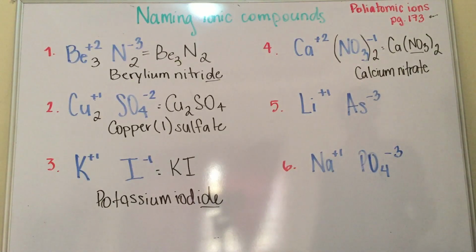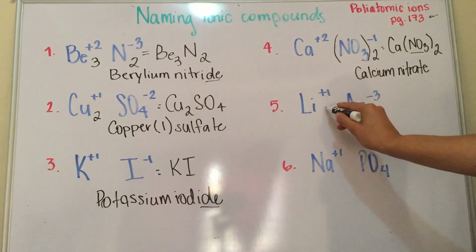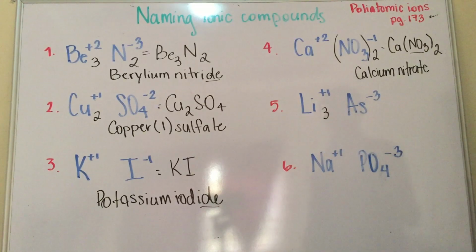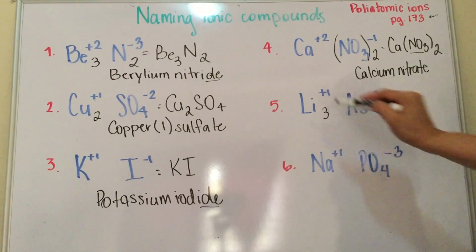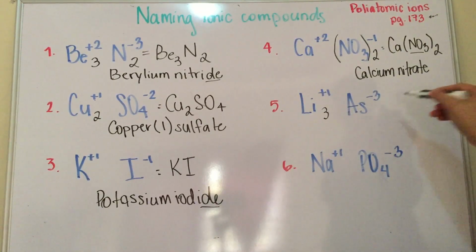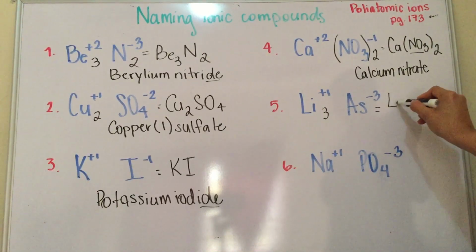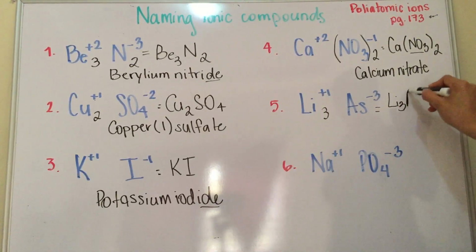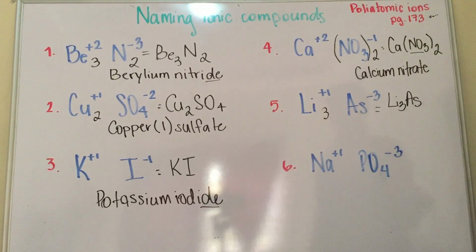All right, example number 5. We have lithium with a charge of +1, and we have arsenic with a charge of -3. So I need to make lithium a +3, so I put a 3 here. 3 times 1, 3 minus 3, 0. So that's it. So I have lithium 3 with arsenic.